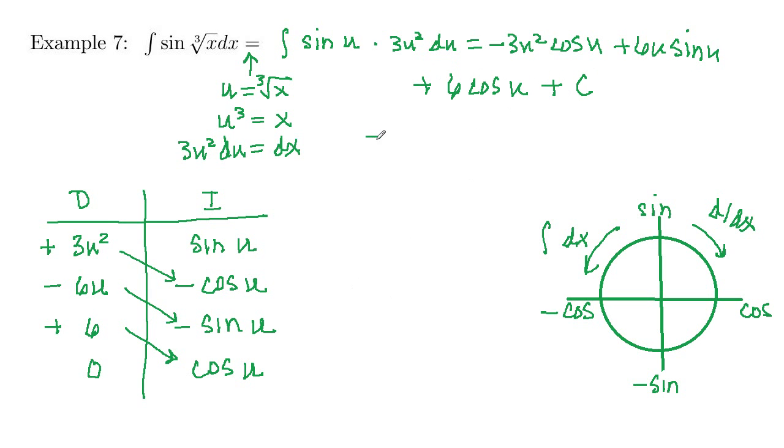And then we need to reverse the substitution and put cube root of x back in. So here it'll be cube root of x squared. So negative 3, a cube root squared is the same as a 2/3 power, so second power, third root, cosine of cube root of x, plus 6, u is cube root of x, sine of cube root of x.